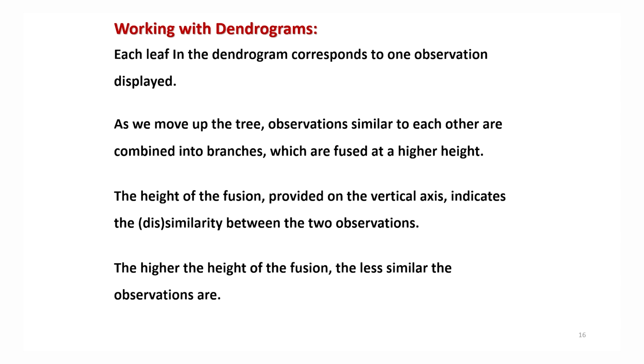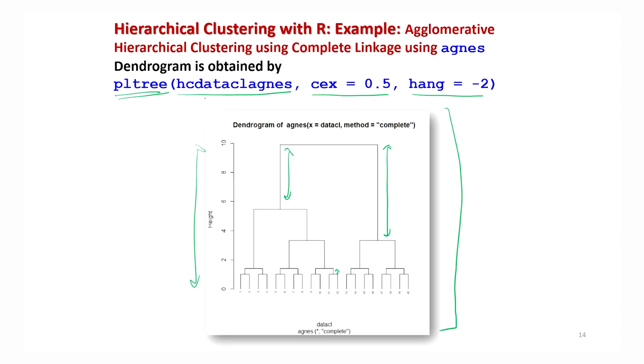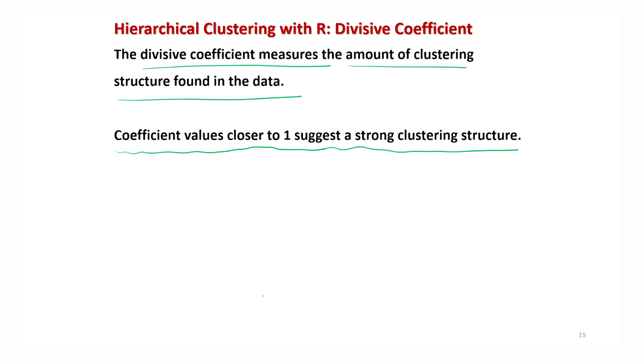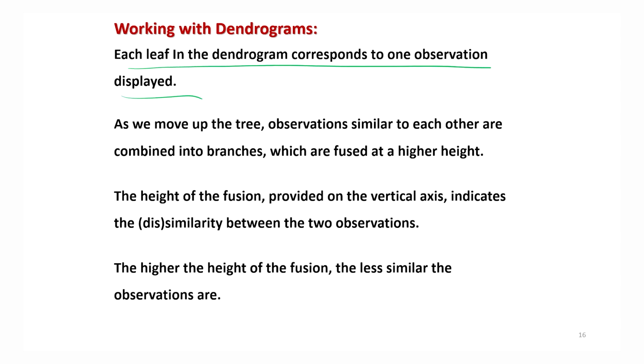Now you can recall that in the earlier lecture I gave you this slide on how to work with dendrograms. Each leaf in the dendrogram corresponds to one observation, displayed here. As we move up the tree, observations similar to each other are combined into branches.